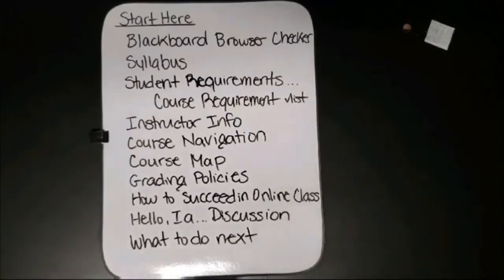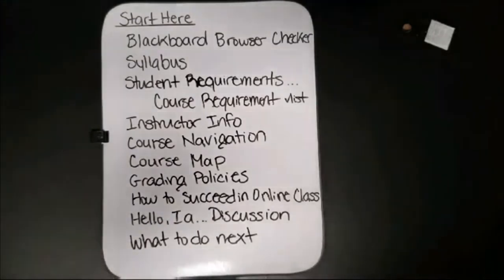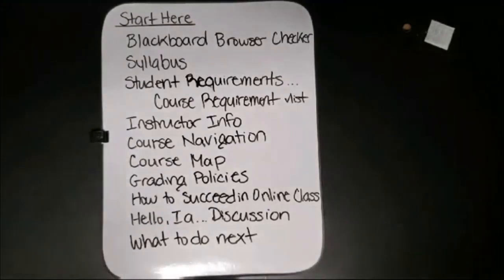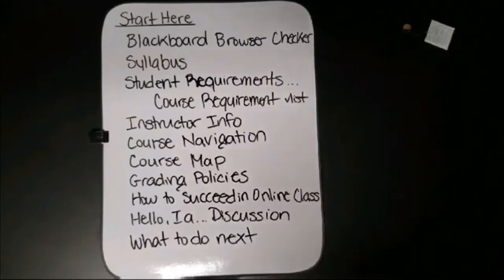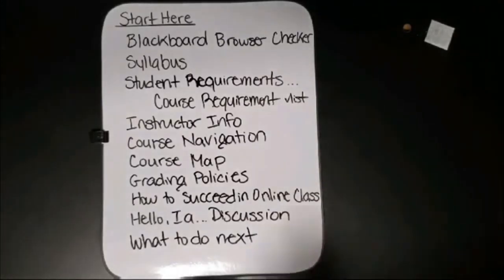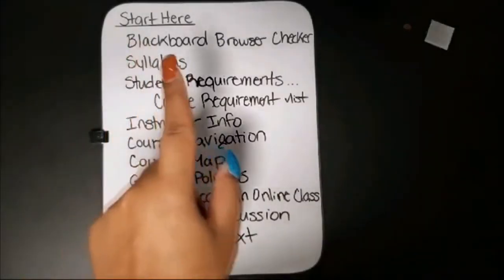Before we get into the first objective for this course, we're going to go over a few things that I need you guys to pay attention to throughout the length of the course. In Blackboard there is a section called Start Here.